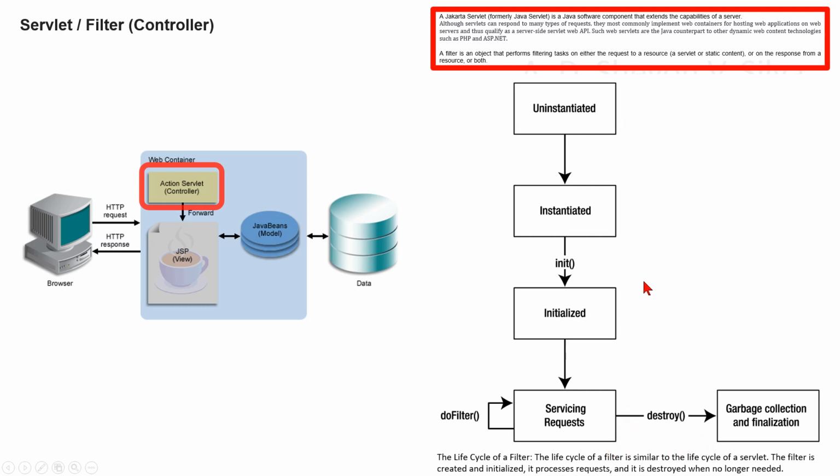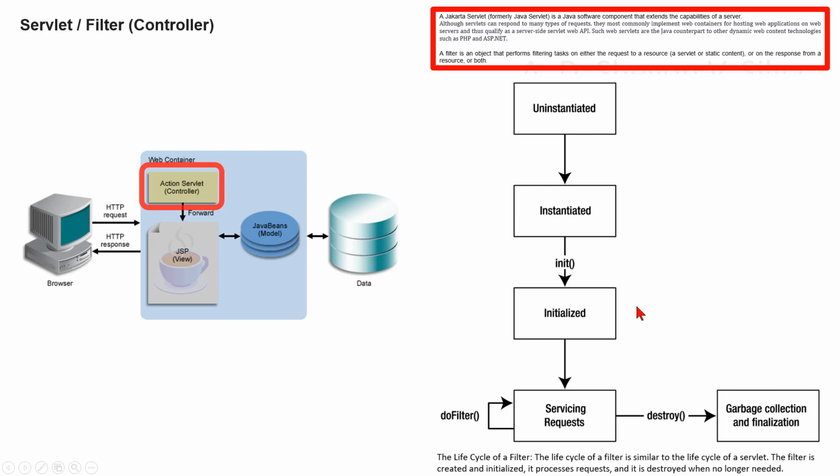Of the 4 stages, there are only 2 explicit states: initialization and filter execution. In the other 2 stages, the filter's instance does not exist. It is either being created or being destroyed.